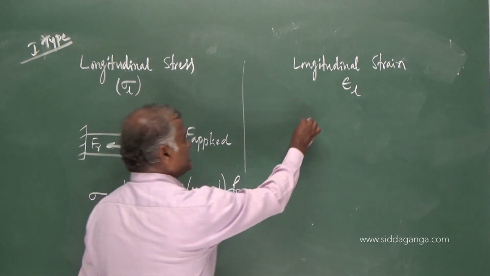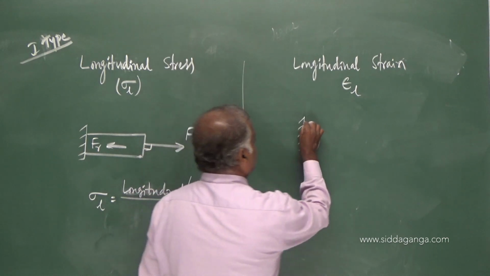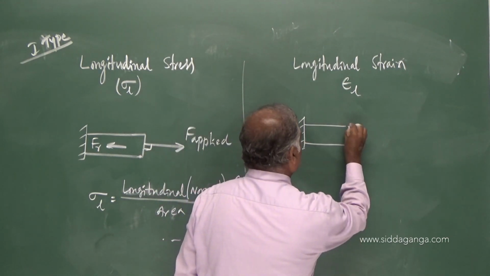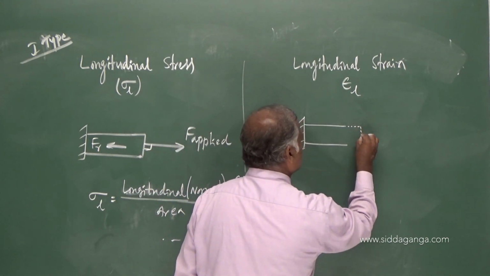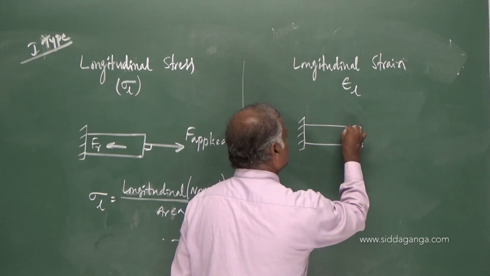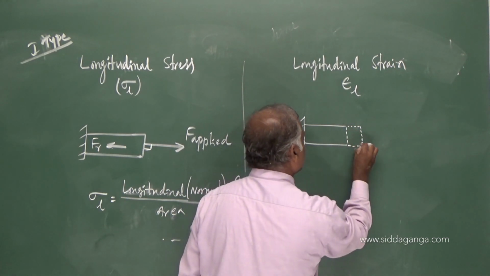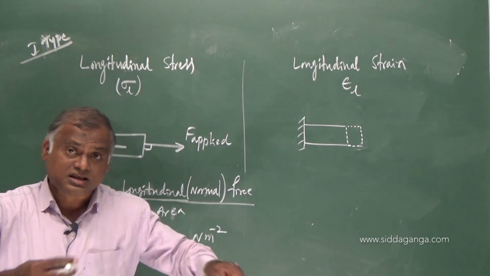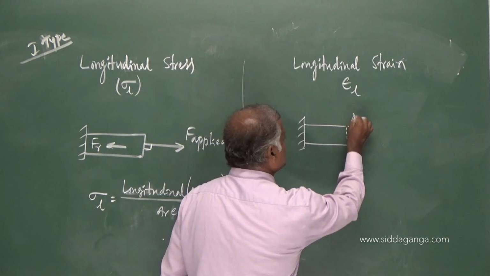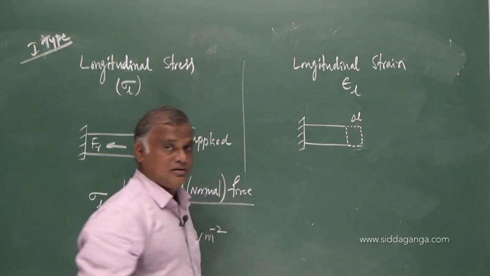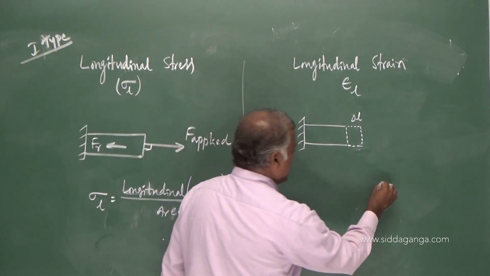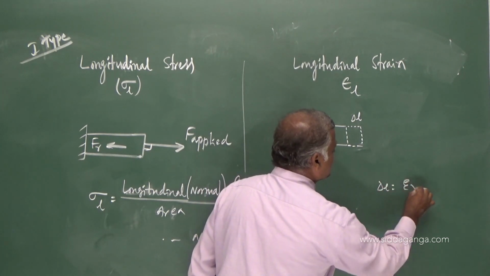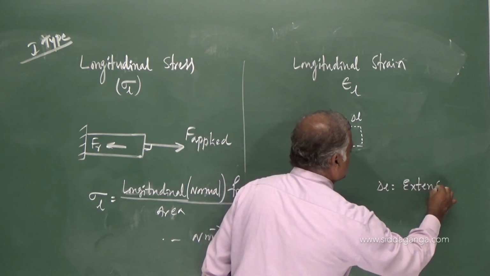Here what happens is, there is a small increase in the length of the body. Listen carefully. Length of the rod increases. Let us say it is increased by an amount delta L. Delta L is, you can say, extension.